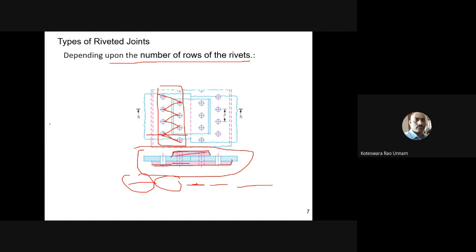In a lap joint you can have chain riveting or zigzag riveting. But only when the number of rows is more than 1, that is 2 or more, can you specify whether it is chain riveting or zigzag riveting. If there is only one row, you cannot say it is zigzag or chain riveting.